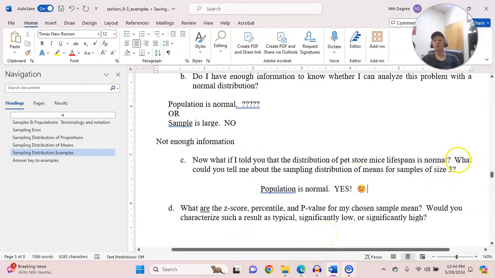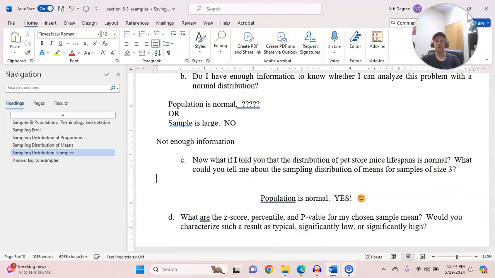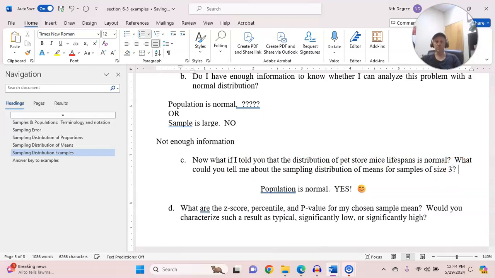All right, then the question continues, what could you tell me about the sampling distribution of means for samples of size 3? Okay. So first of all, we're characterizing the sampling distribution, and remember we need 3 pieces of information for that: center, spread, and shape.